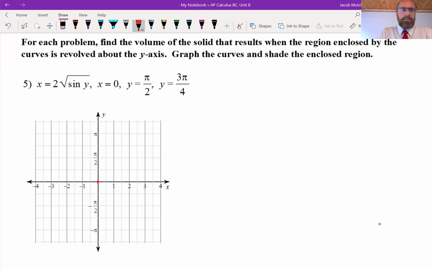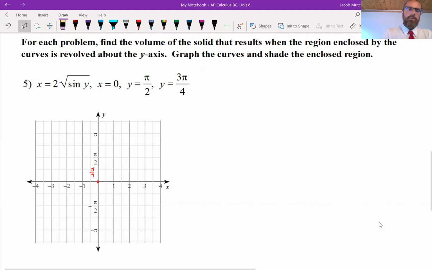Now I want to consider where sine is going to be when I evaluate through pi over 4. That's this increment right here, just above 0. So sine at pi over 4 is square root of 2 over 2. The square root of that, and so it's tricky to write.